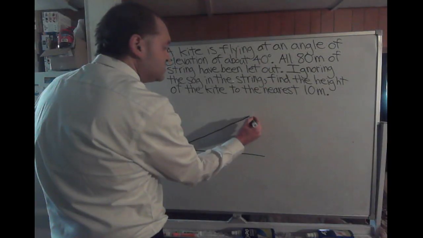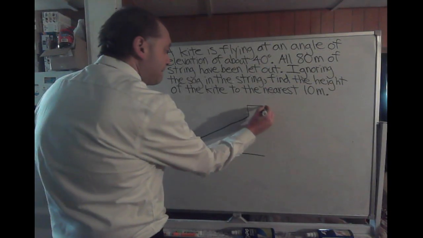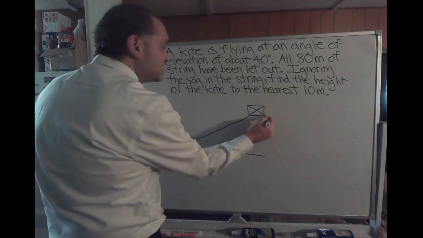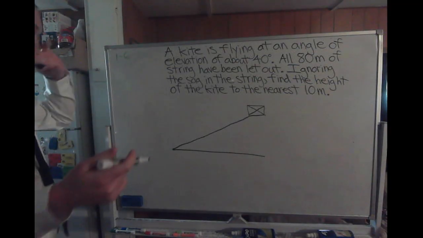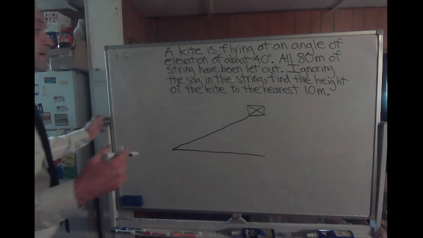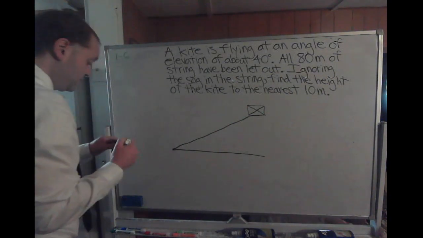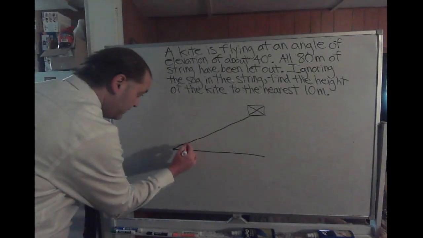And then we'll say, yeah, there's your nice kite. There's your kite up flying in the air, okay? So you have that. So from the ground to the end of the kite, that is a 40-degree angle of elevation.